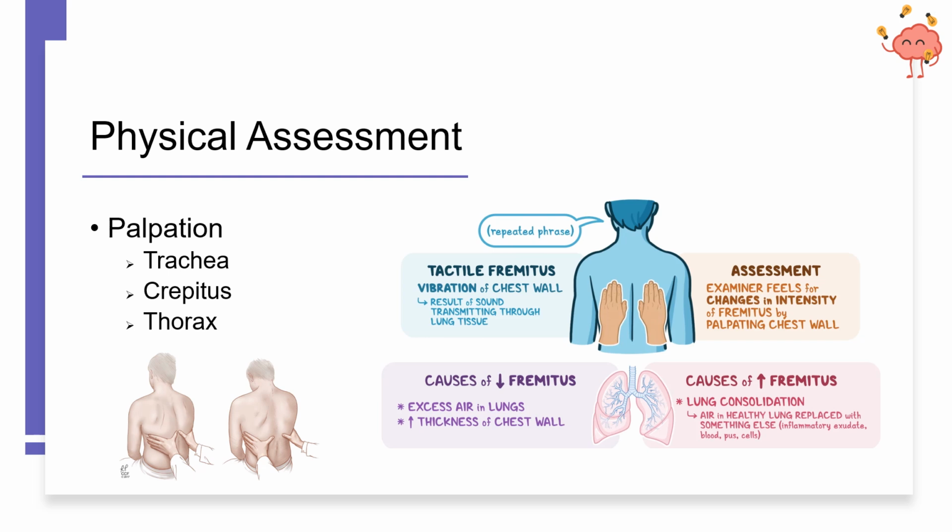And causes of increased fremitus can be lung consolidation. This is usually when inside the lungs you have fluid, even blood, exudate, wetness. So this is quite common, something that you'll hear, tactile fremitus, when we are assessing the lungs and there's something going on in there.